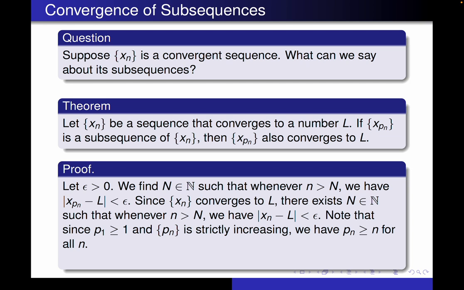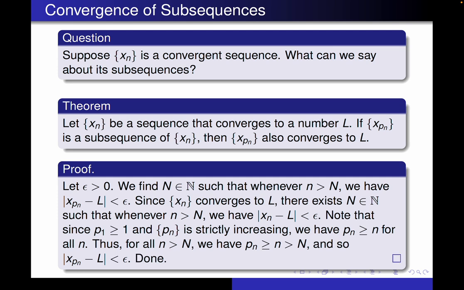In fact, the only way we can get the pn's to be equal to n is if we don't throw out any terms at all. So that means that for all little n bigger than big N, we have pn greater than or equal to n, but remember, n is greater than N, and that tells us that pn is also greater than N. And that implies that the absolute value of x sub pn minus L is less than epsilon, and that gives us our proof.